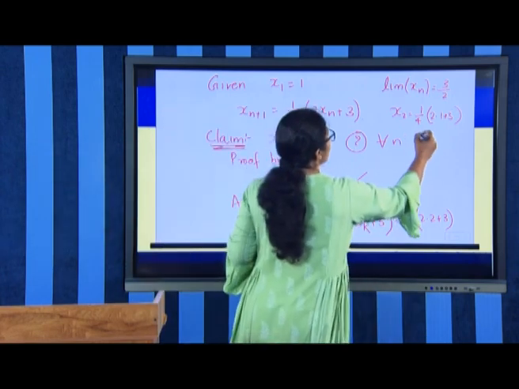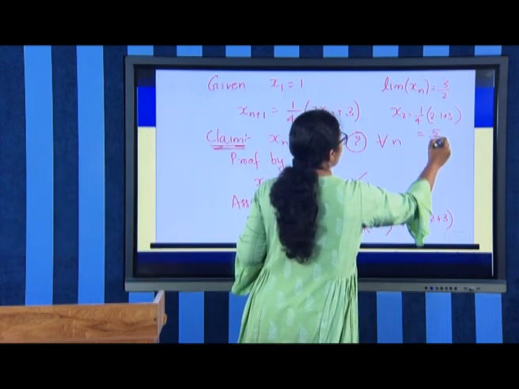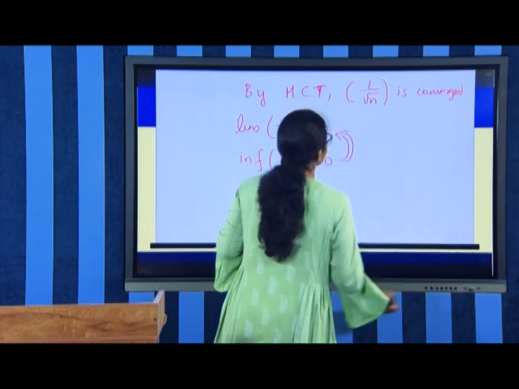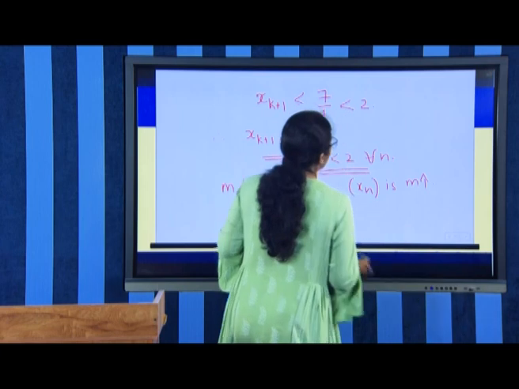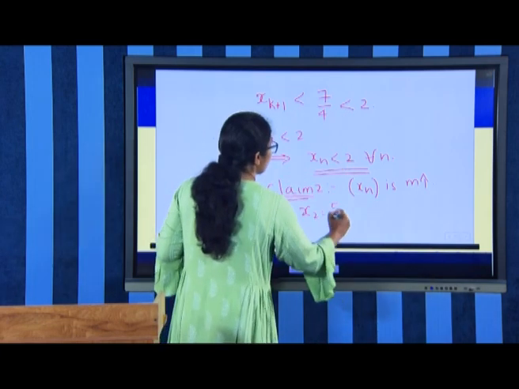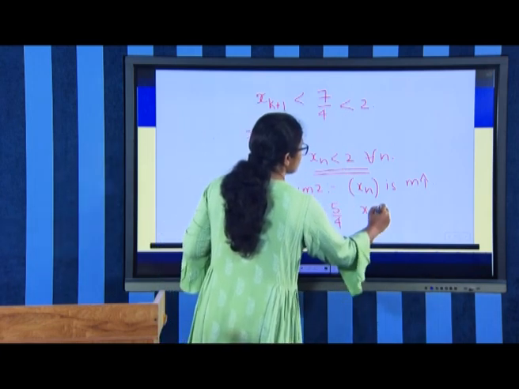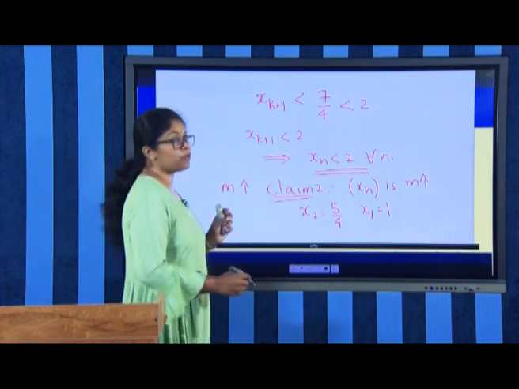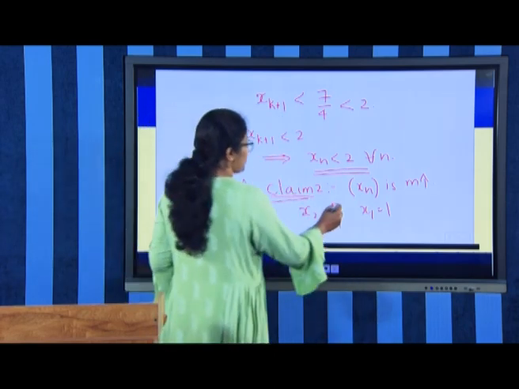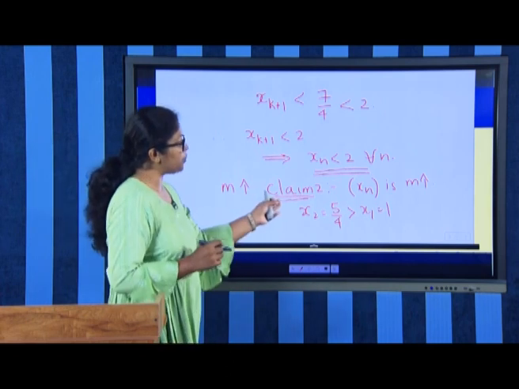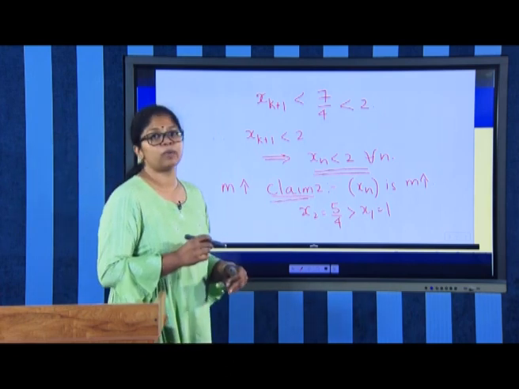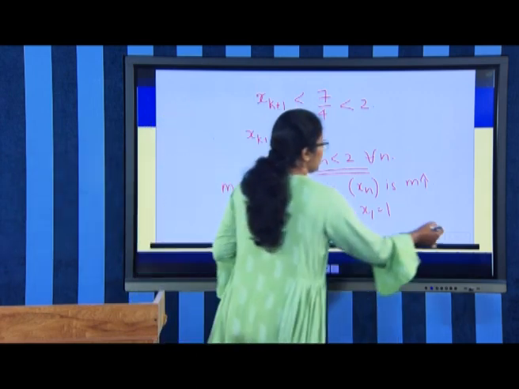So, we have x2 equal to 5 by 4 and x1 equal to 1. So, 5 by 4 is strictly greater than x1. So, for n equal to 1, the induction hypothesis is true.